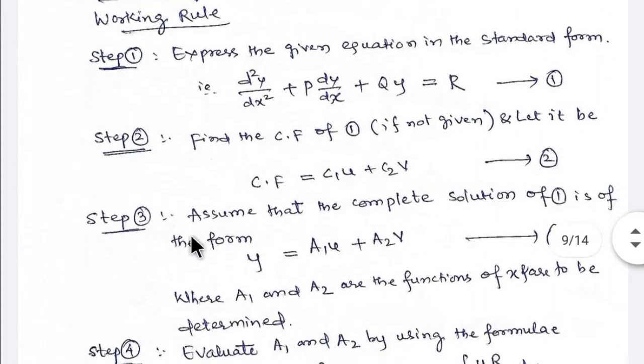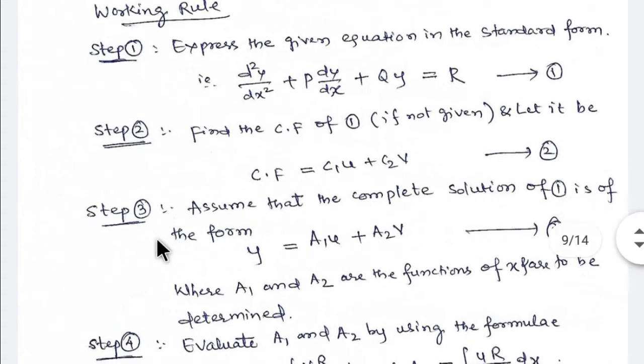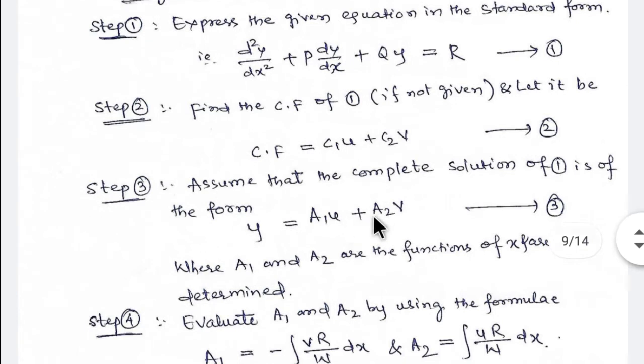Then step number 3: assume that the complete solution of 1 is of the form y equal to a1 u plus a2 v. It means C1 is replaced by a1 and C2 is replaced by a2.